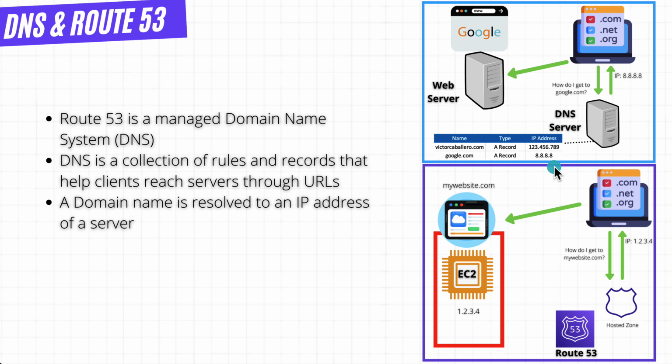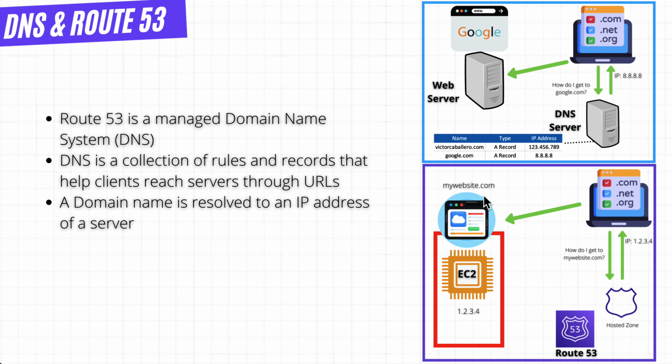Now, in Amazon, we have a service called Route 53, which is a DNS service. We can create something called a hosted zone, and the hosted zone is responsible for storing the records that belong to a domain name. For example, let's say we have a website hosted on an EC2 instance called mywebsite.com.